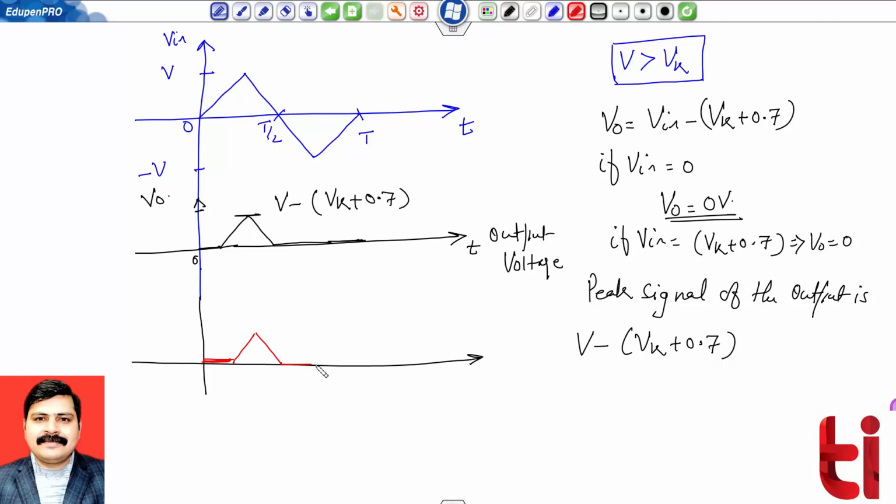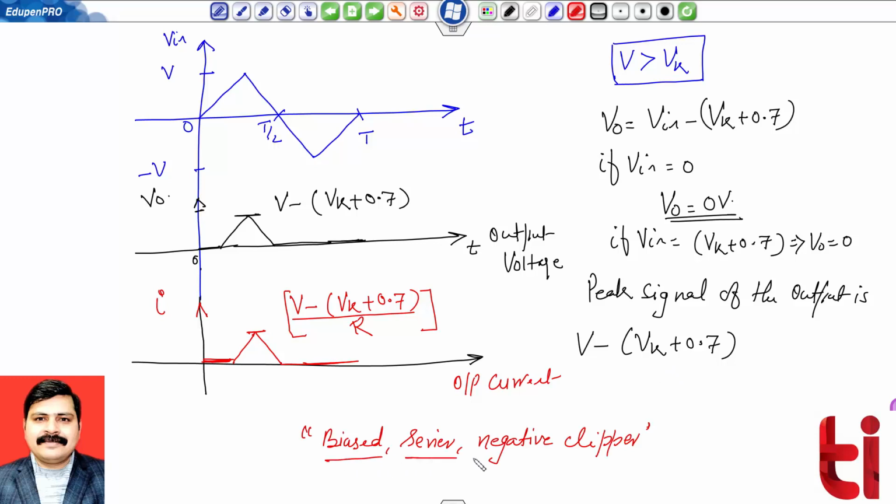So this is the waveform of output current, or I can say the load current. Interesting part over here is its maximum value will be V minus Vk plus 0.7, whole divided by R. So this would be the maximum value of my load current.